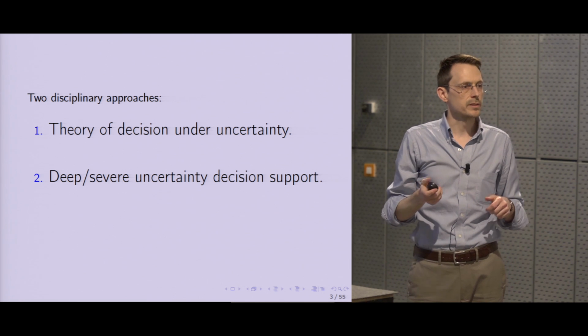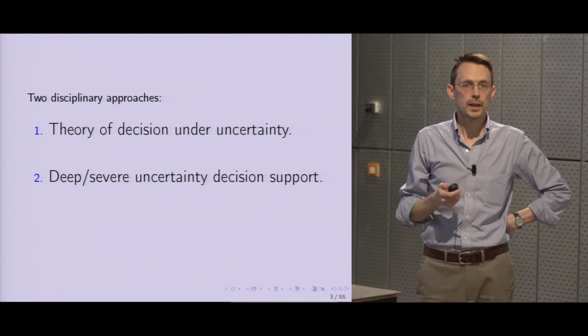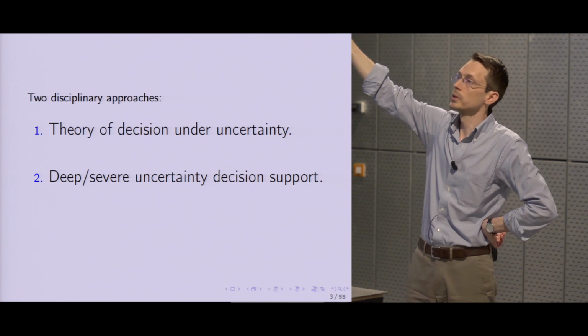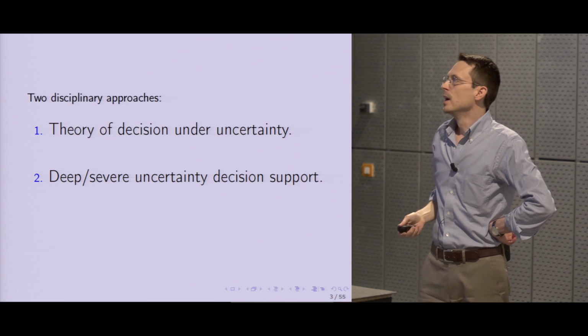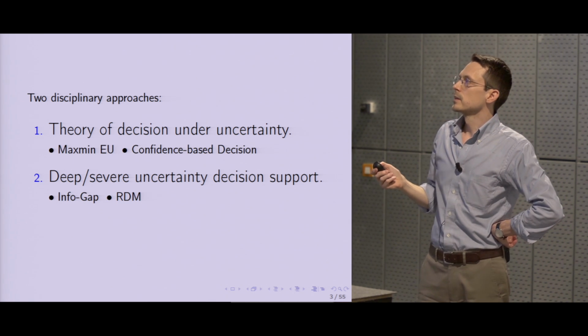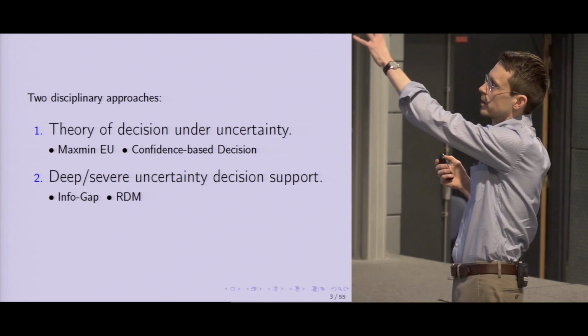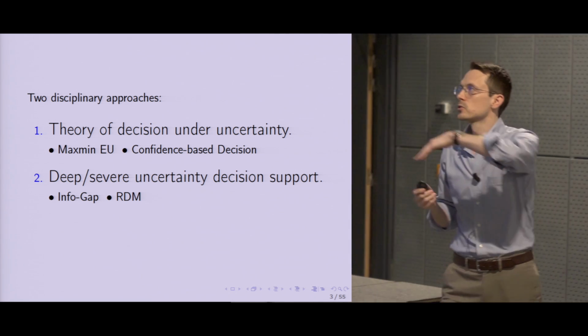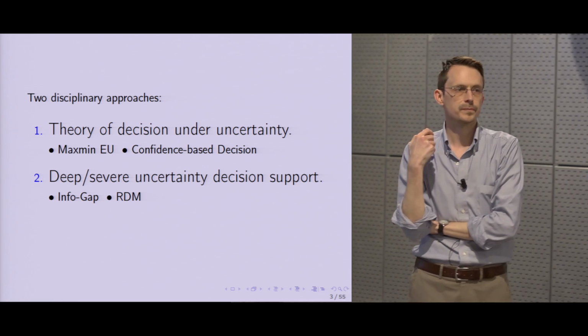It's all normative in the sense that they're just trying to help people make better decisions. That element is present in 1 as well, but there's also a lot of descriptive aims involved in that. So the 4 methods that I had on the previous slide are really representatives of these 2 disciplinary approaches, and through comparing them, we'll compare those 2.